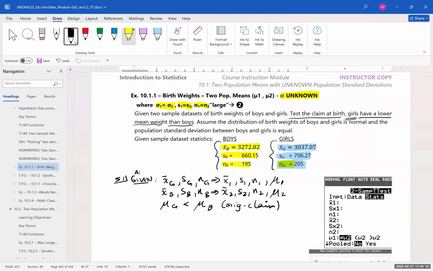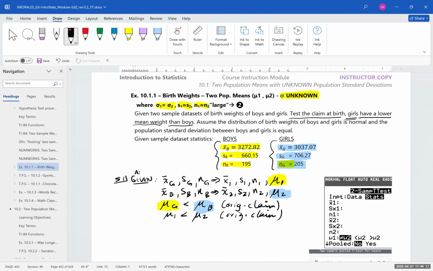So here mu1 is going to be substituted for mu g, and mu2 will substitute for mu b. So we'll put mu1 less than mu2. And that's our original claim.